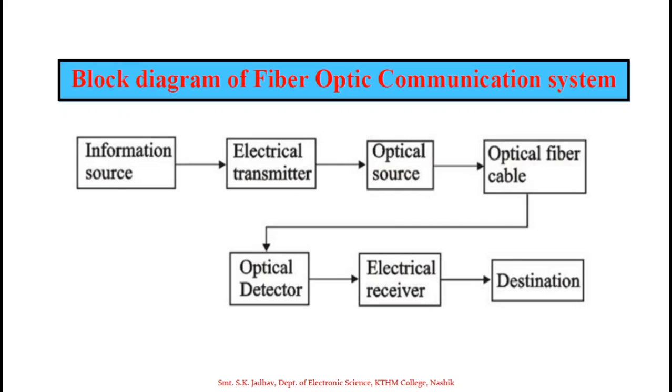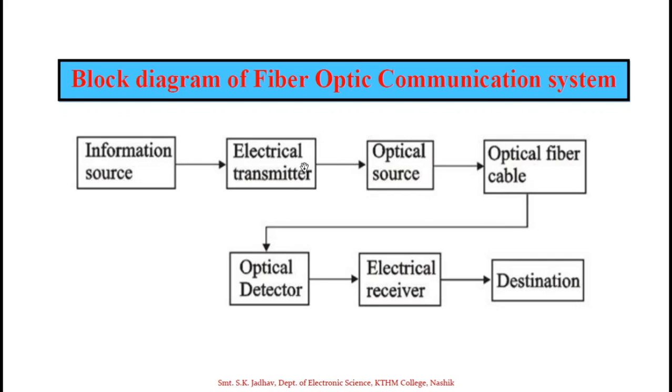So, now we will see a block diagram of fiber optic communication system. In this block diagram, you have a transmitter circuitry and receiver circuitry part.